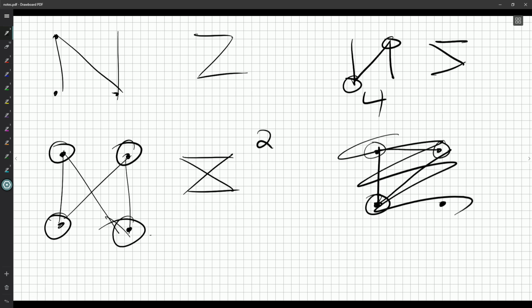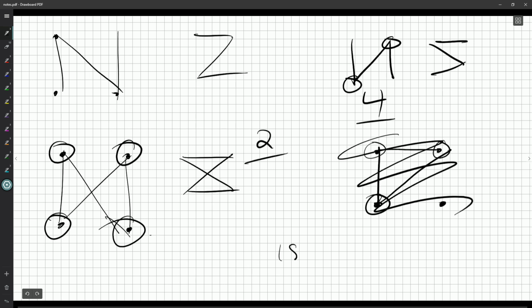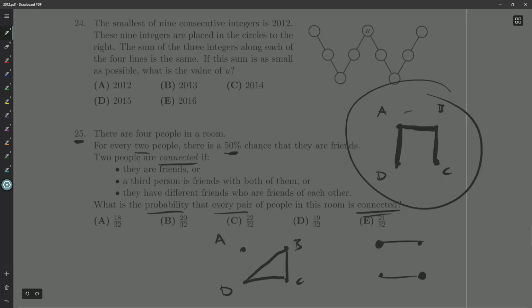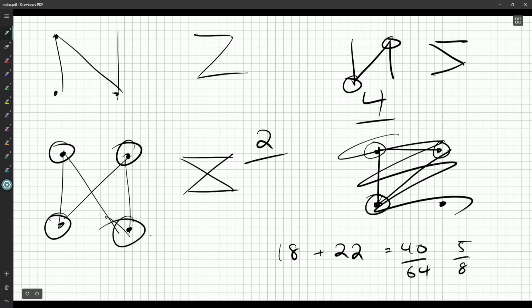Okay. Now, if we think we have it, 2, 4, 4, 4, 4, so that'd be 18. 18 plus our 22 would be 40. 40 out of 64. You divide by 8 and you get 5 out of 8. You could say, do I have 5 out of 8? I don't see anything that looks like 5 out of 8.